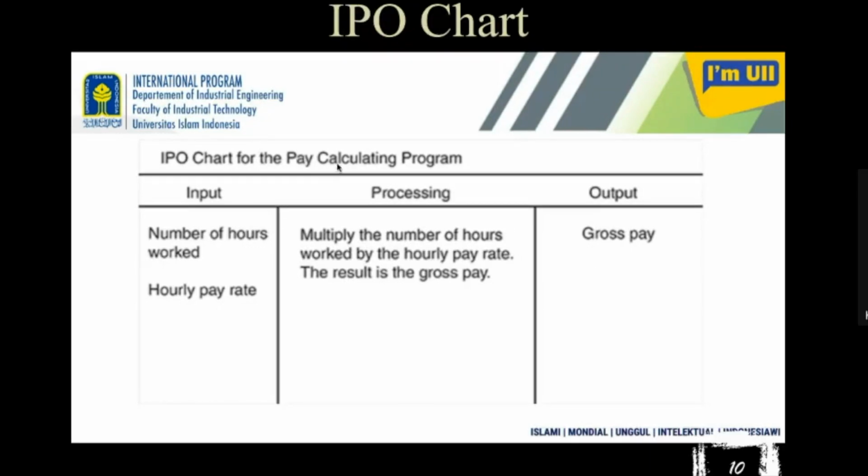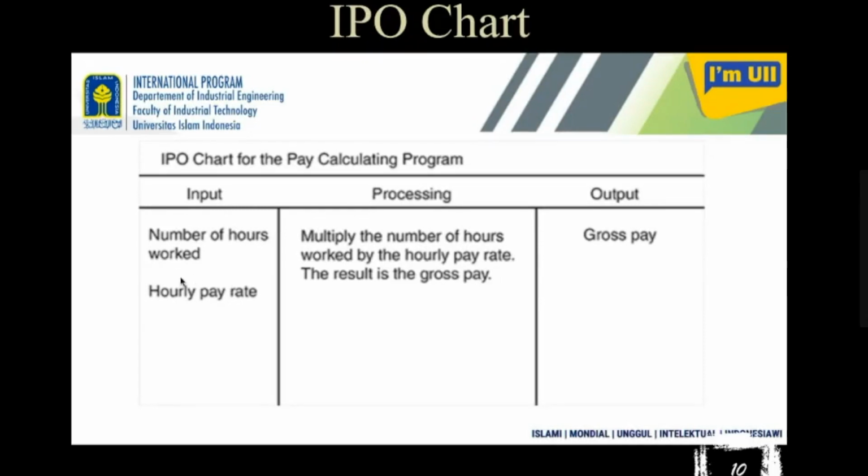So for example, for calculating the pay of an employee, you need two inputs: the rate of payment and how many hours that person worked. Now if you multiply these two inputs, that is the processing part, and the result of that multiplication will be the output.